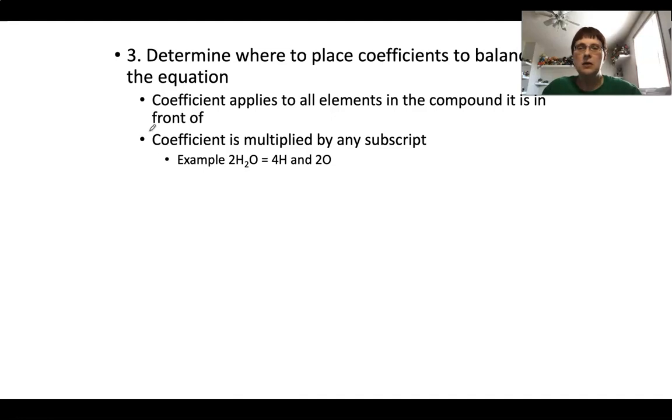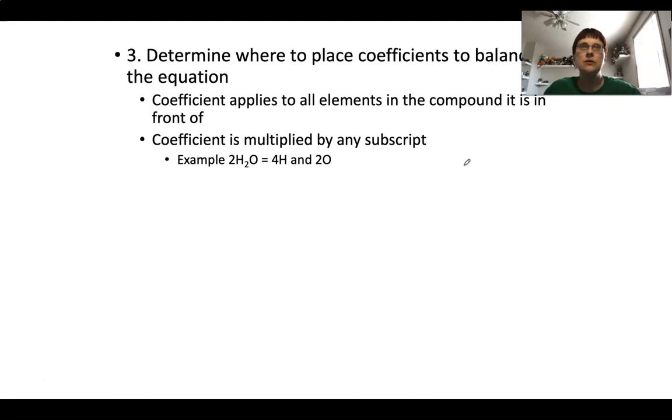There's another example. For 2H2O, you've got 2 times 2, so 4 hydrogen, and 2 times 1, 2 oxygen. All right.